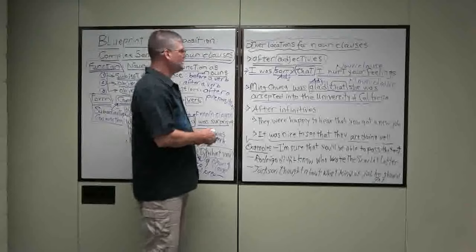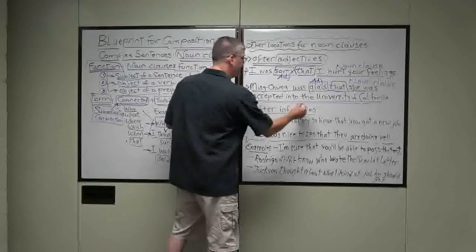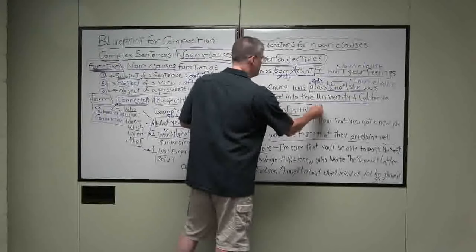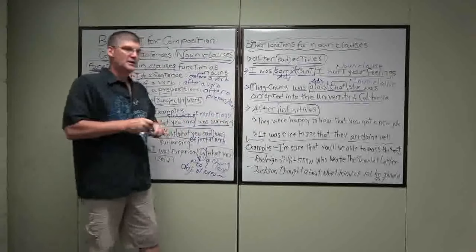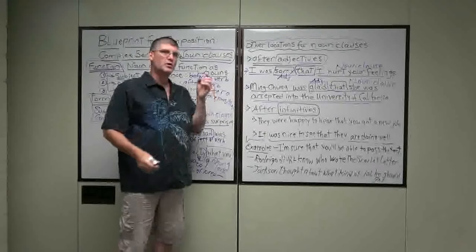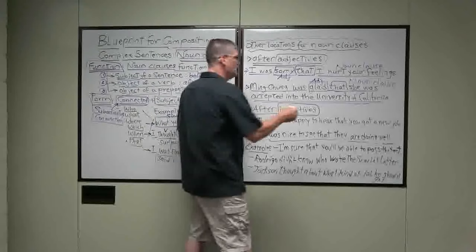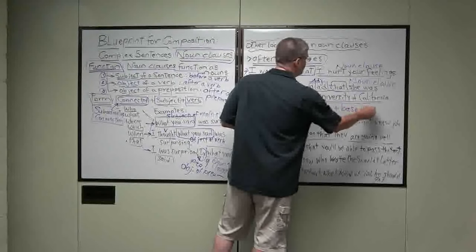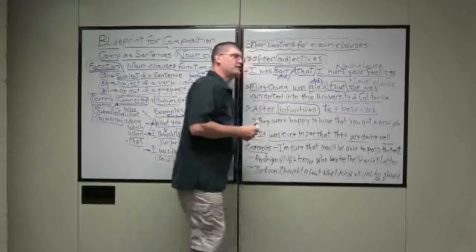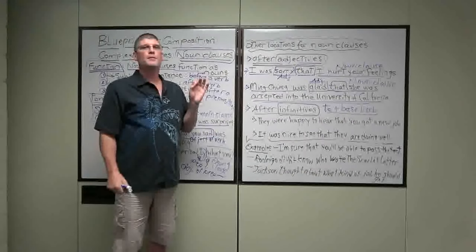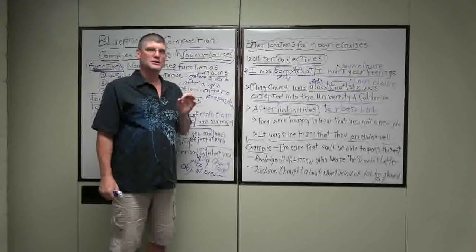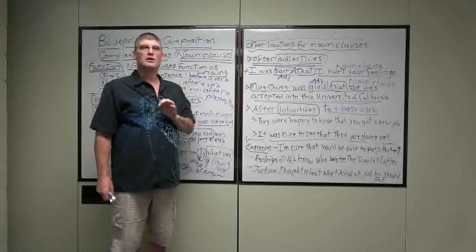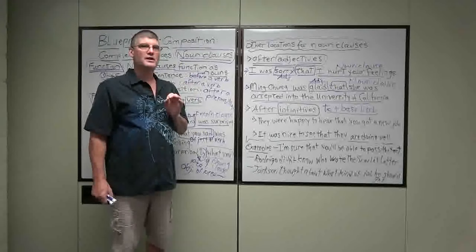Also, as it says here, the second kind of example is after certain infinitives. An infinitive, as we know, is the word to plus a base verb. That is the form of the infinitive. So we may find in certain sentences noun clauses following infinitives.